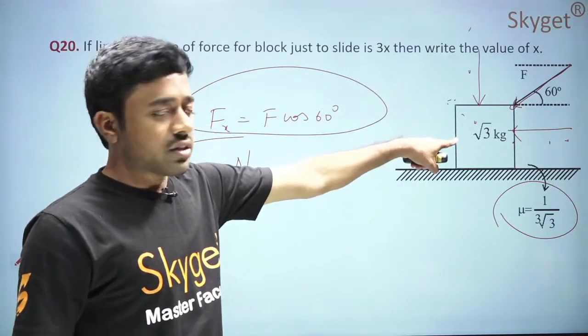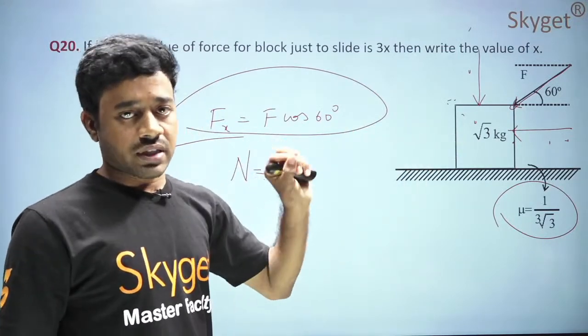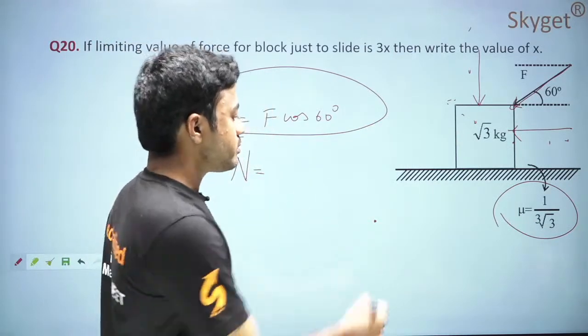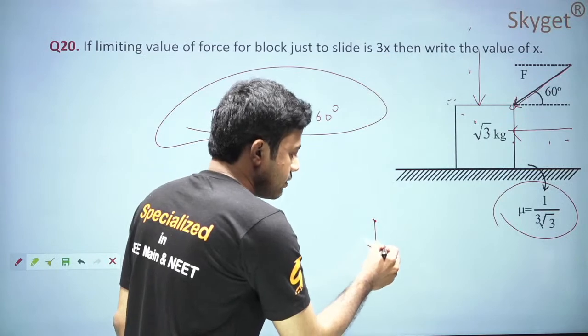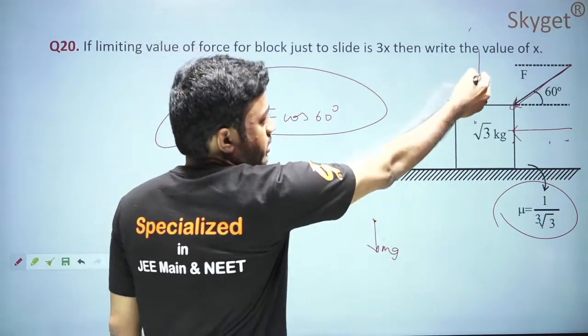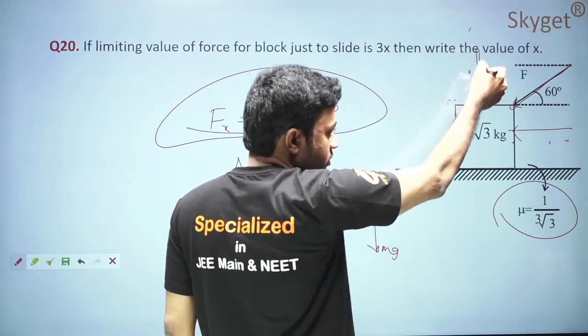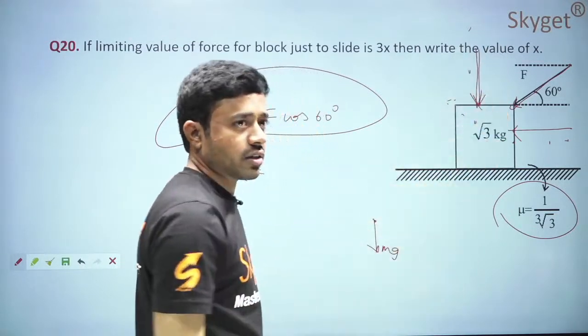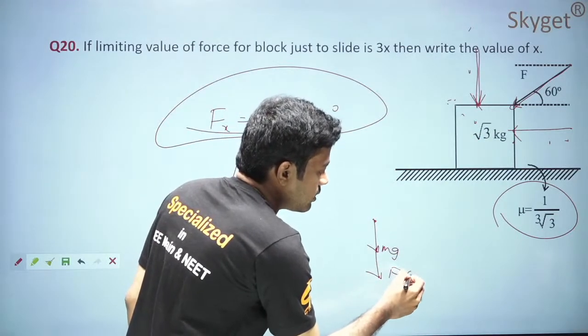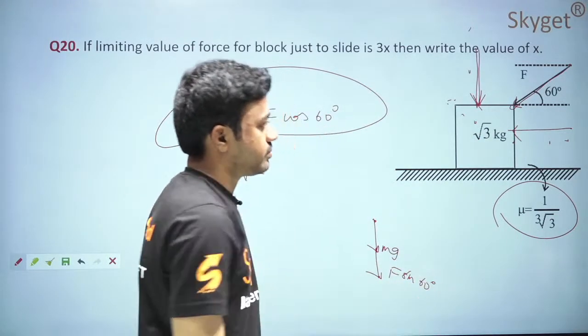So first, if you see this block, what are the forces acting on that block? If you take the free body diagram, the first force acting downwards is the weight mg. Next, the vertical component of the force is also acting in the downward direction, in the same direction, so that is F sin 60 degrees.